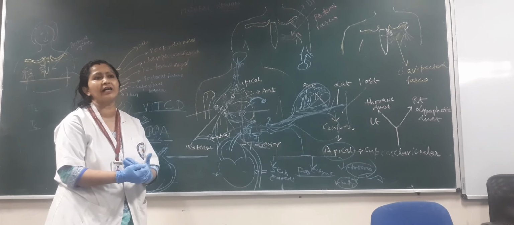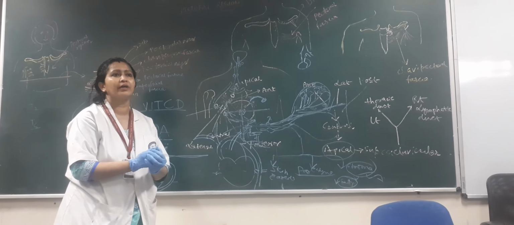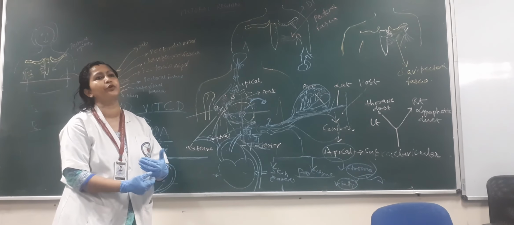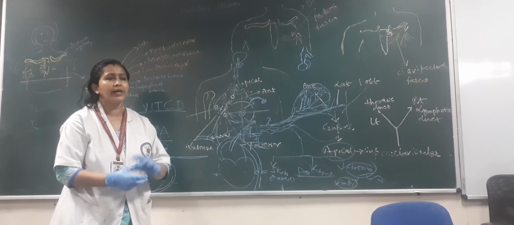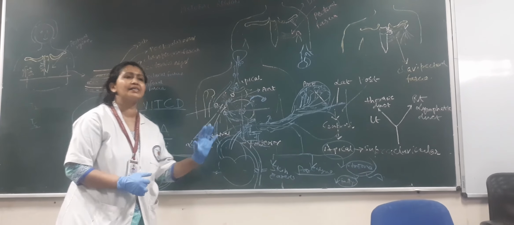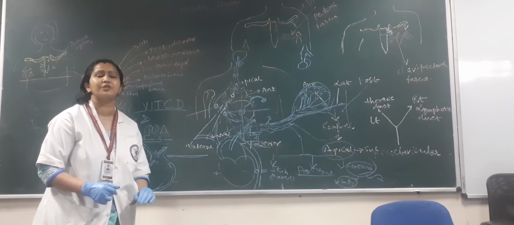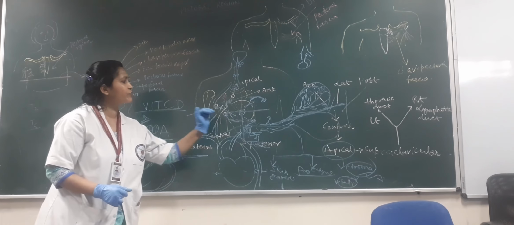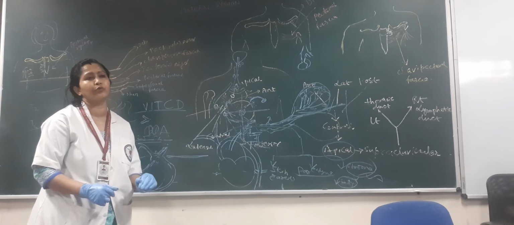Always asked in the viva exam, what is Krukenberg tumor? How the breast cancer will lead to Krukenberg tumor? If the breast carcinoma is in the lower and inner aspect, it is draining into the mediastinal lymph node.